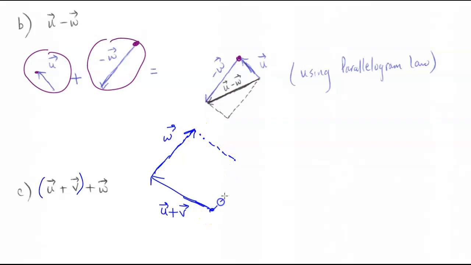So I'm going to do that. And so then a resultant vector is just going to be the vector that goes from here to here, okay? And the reason why I've drawn the parallelogram, I'll show you that in just a second.